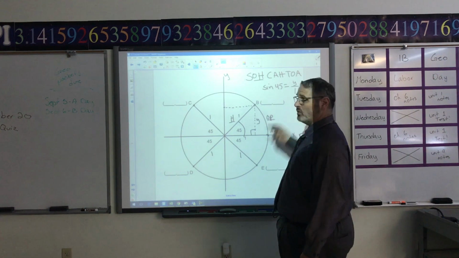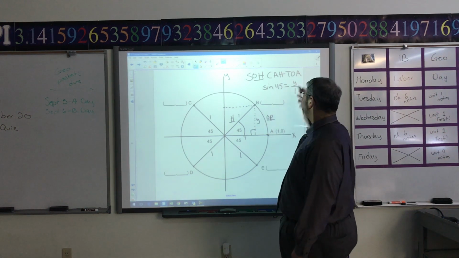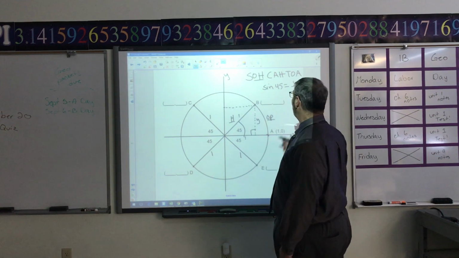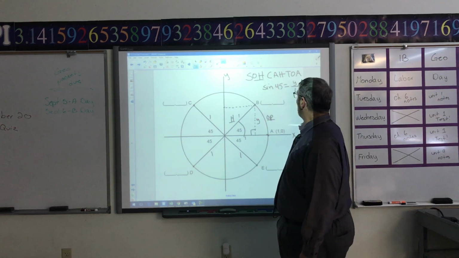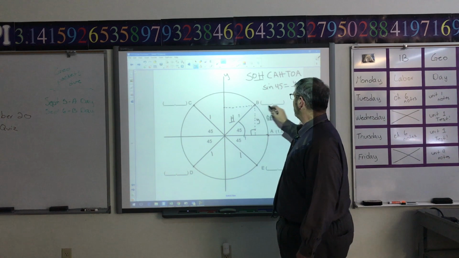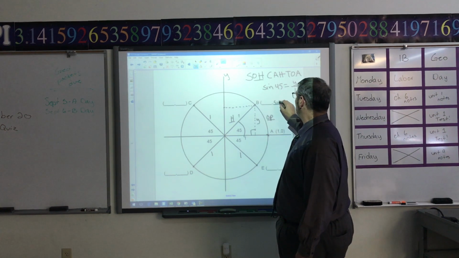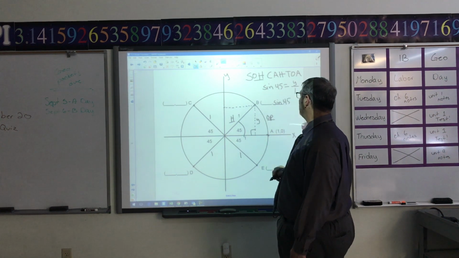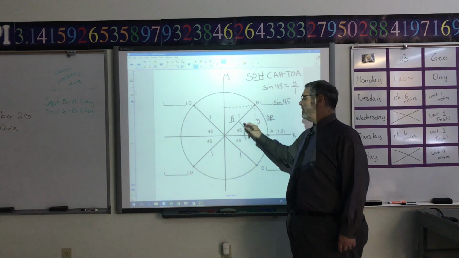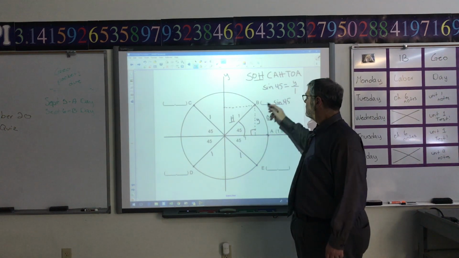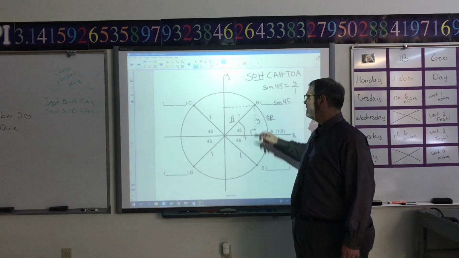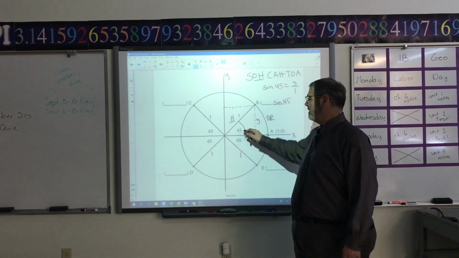Now, obviously, y over 1 is just y, so the y coordinate here, my height, is going to be the sine of 45. Whatever that angle is, my height will be the sine of this angle.